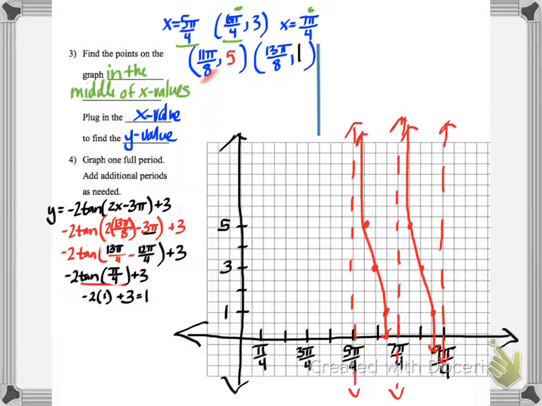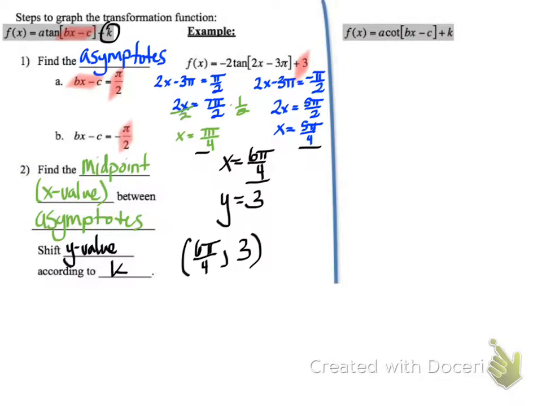What's interesting about cotangent, if we back it up here, cotangent is identical to tangent, except for one step. So that's why we left this column blank. It's the same as tangent, except the asymptotes.